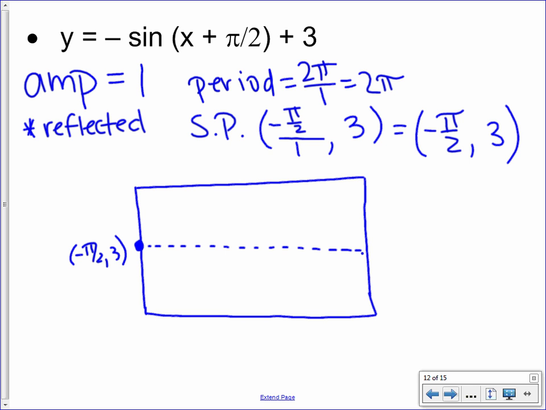Okay, so I'm going to make little marks right here. If this is negative pi over 2, and I went over 2 pi, where did we stop? We started at negative pi over 2, we went over 2 pi. What is negative pi over 2 plus 2 pi?